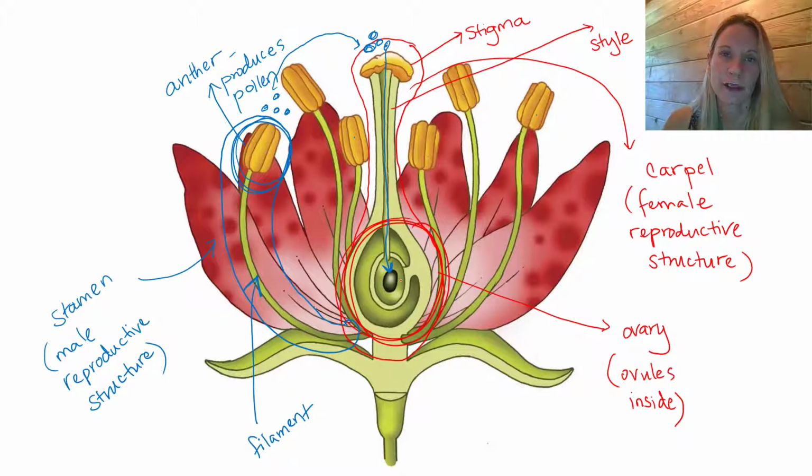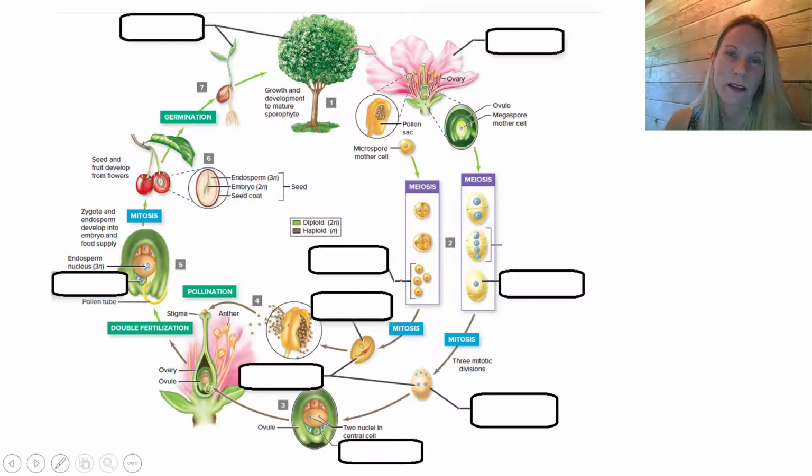Okay, now I'm going to show you the entire reproductive cycle of the angiosperms. By the way, angiosperms are the most abundant plants on Earth, making up about 80% of all plants. Why is that? Well, they were very successful in the early days of their evolution, and they continue to be the most successful plants on Earth because they have all the adaptations, don't they?